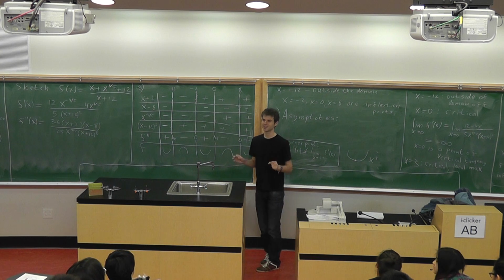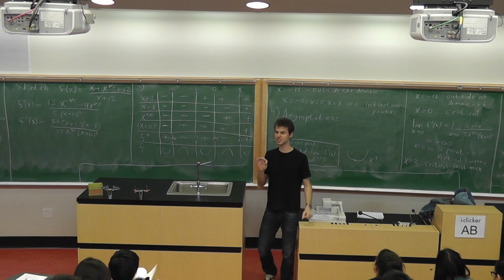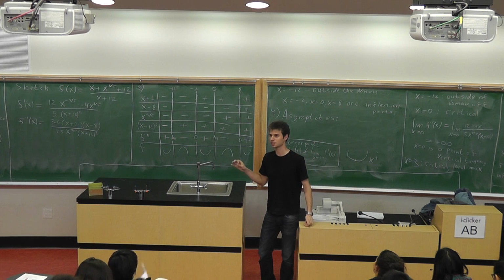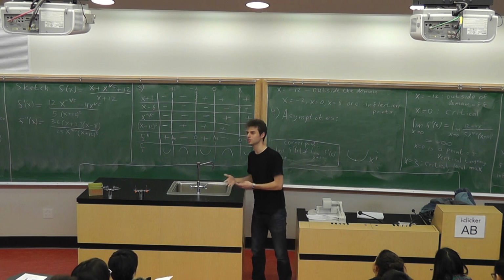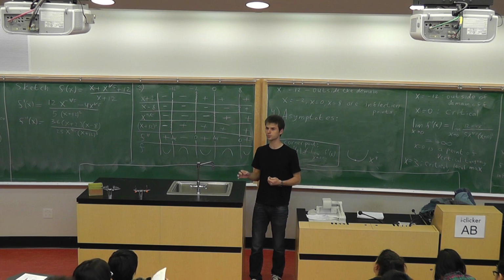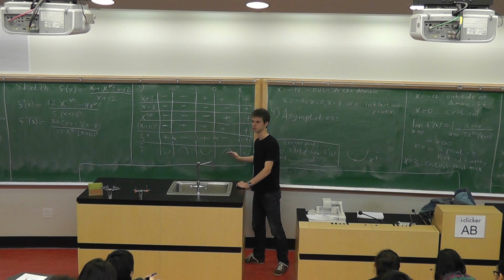So once again, the inflection points are not where the second derivative is 0. They are also not where the second derivative doesn't exist. It's an indication that at this point there might be an inflection point. But the definition of an inflection point is where a function is changing concavity and is continuous.